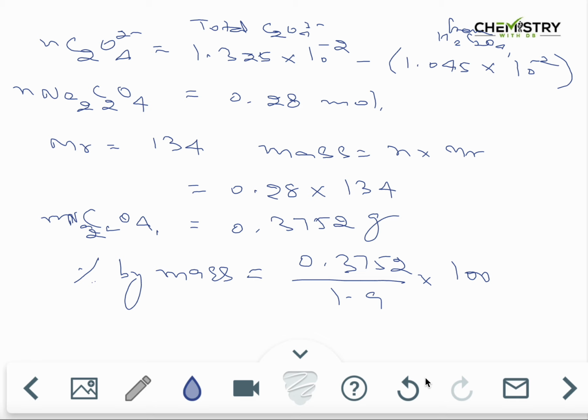That gives us an answer of 19.7%. That was the percentage of sodium ethanedioate.